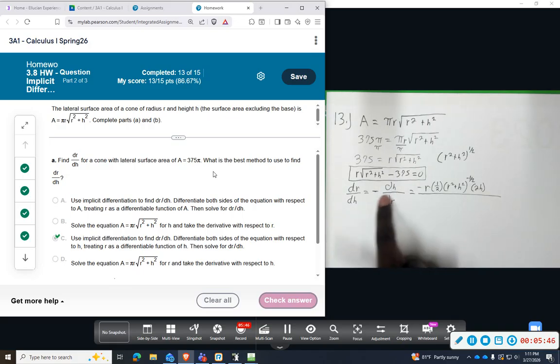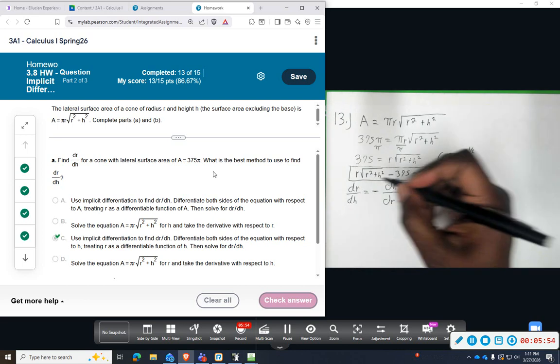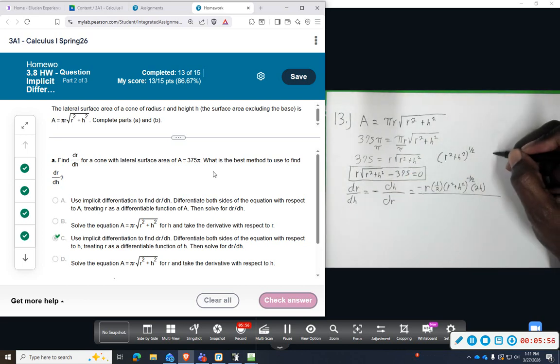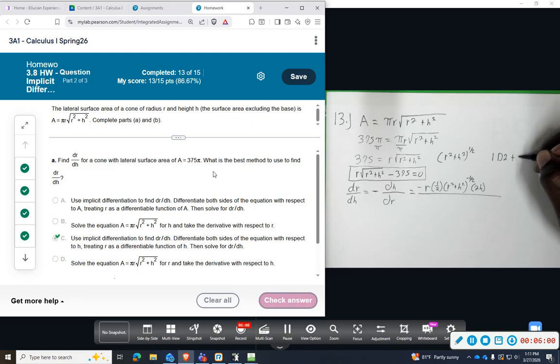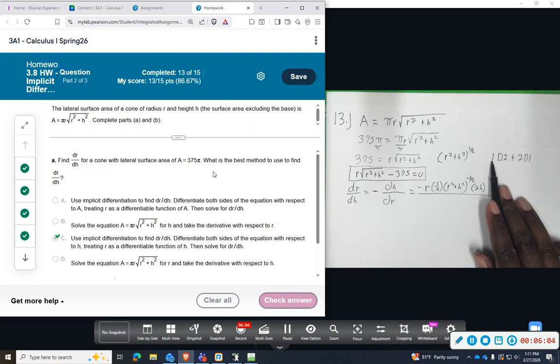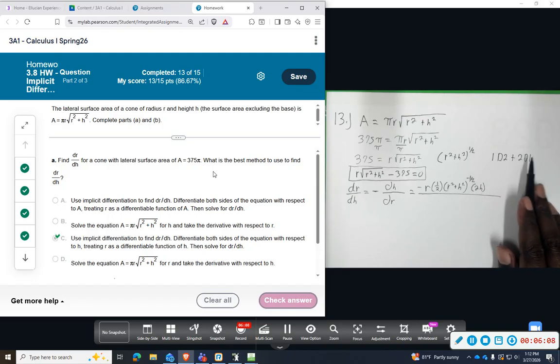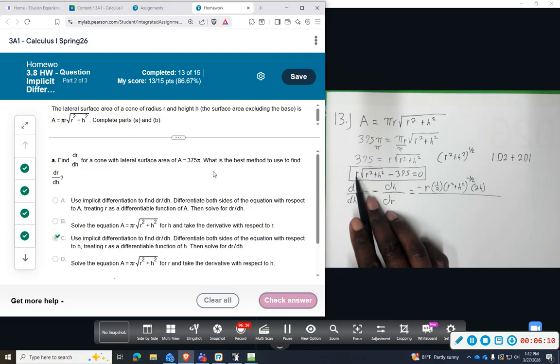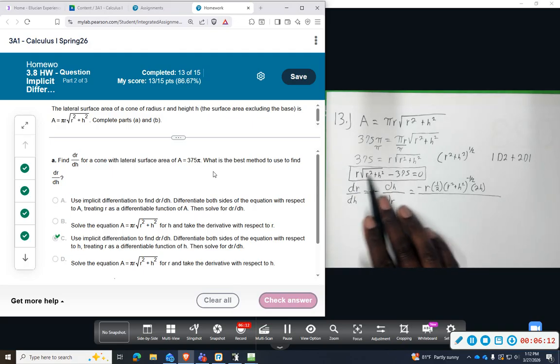Now we're going to do the derivative with respect to r. That's going to entail the product rule, because I have r here and then r inside of here. So product rule: the first times the derivative of the second, plus the second times the derivative of the first. r is the first, and this square root term is the second.